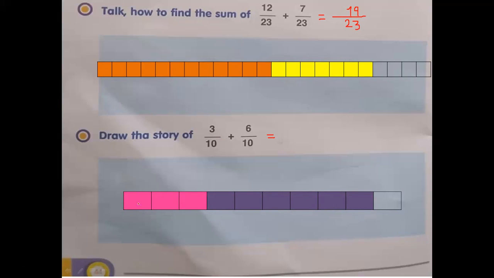Now we're going to add 3 plus 6, 1, 2, 3, 4, 5, 6, 7, 8, 9. So 3 plus 6 equals 9. And do we add the denominator? No, so the denominator is 10. So the answer is 9 over 10. So we just add the numerator and we don't add the denominator.